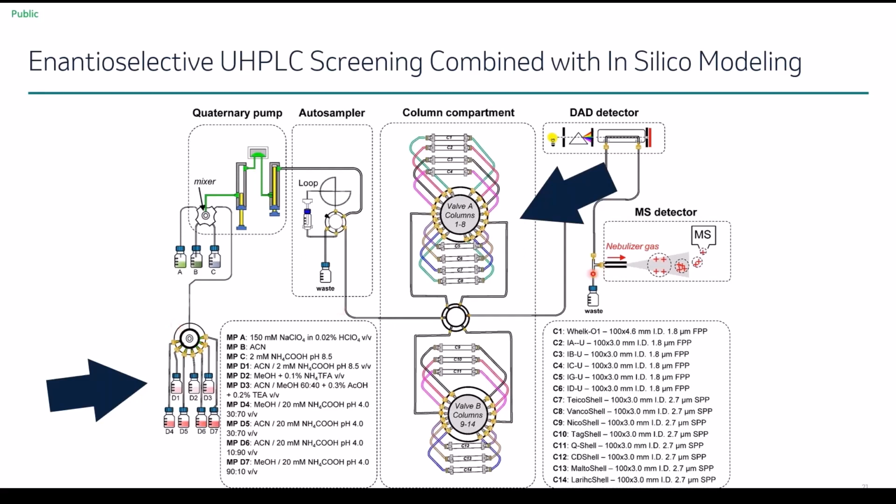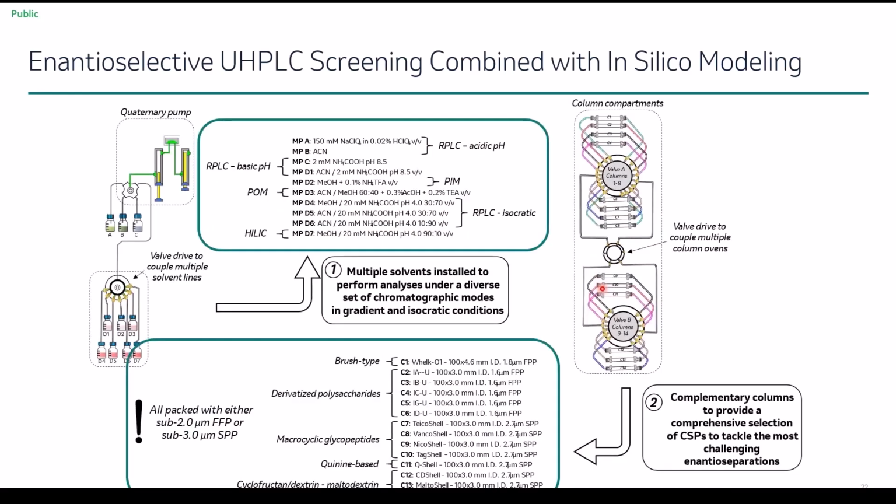In this case, we were able to use, again, via the addition of bulk drives, a higher number of columns and mobile phases in order to screen not only different conditions, but also different chromatographic techniques. We can therefore screen reverse phase, polar ionic mode, polar organic mode, and hydrophilic interaction chromatography.